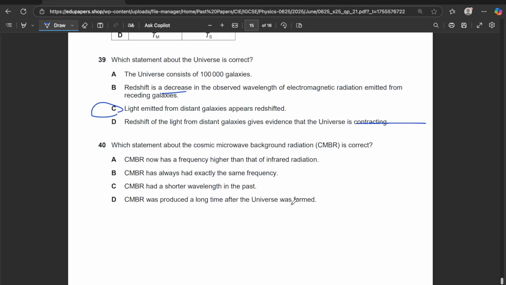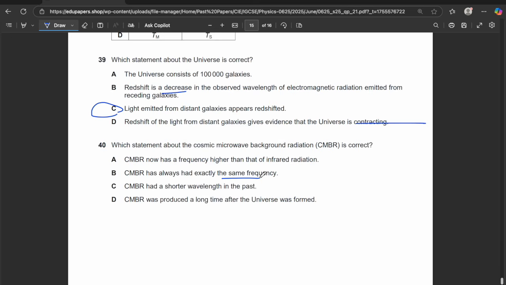When the wavelength increases, frequency will decrease. So no, A is wrong. B. CMBR has always had the exact same frequency. As I just mentioned, it is changing its wavelength. If it's changing the wavelength, then the frequency is also changing, because electromagnetic radiations travel at a constant speed of light.